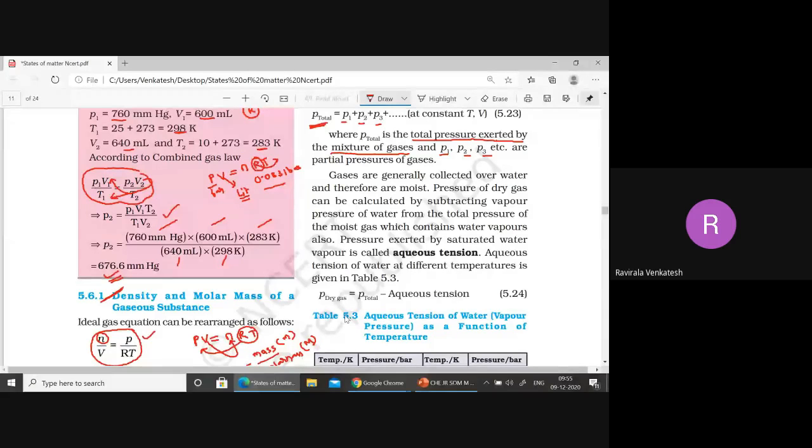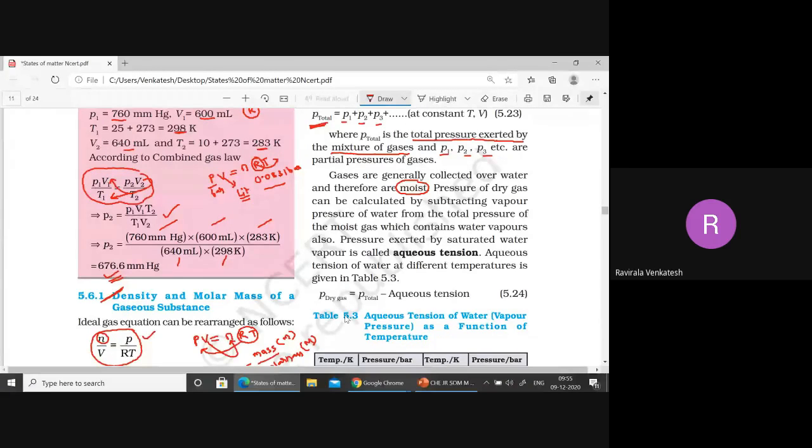So when you collect that gas over water, the gas will get moist. That means the gas will have pressure of its own and also the pressure of the water, because you are collecting that gas over water.